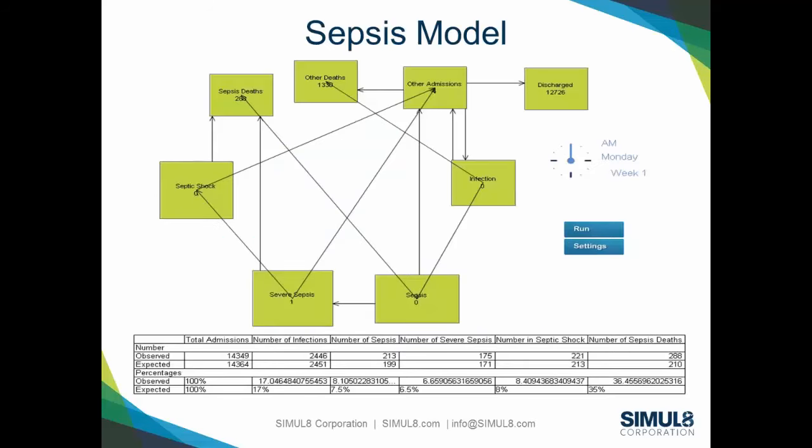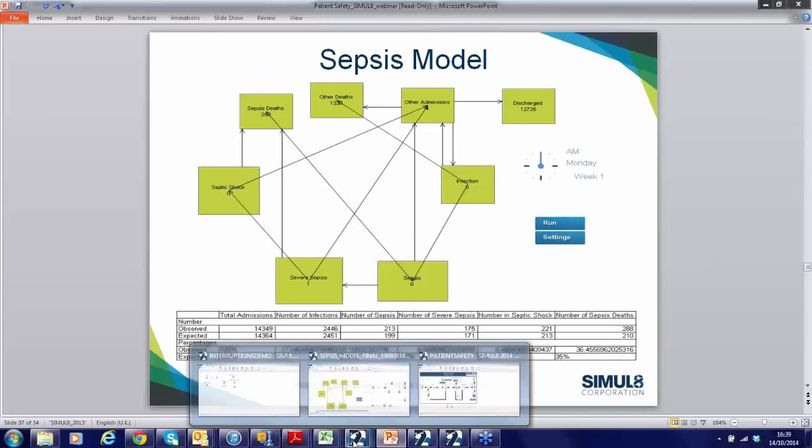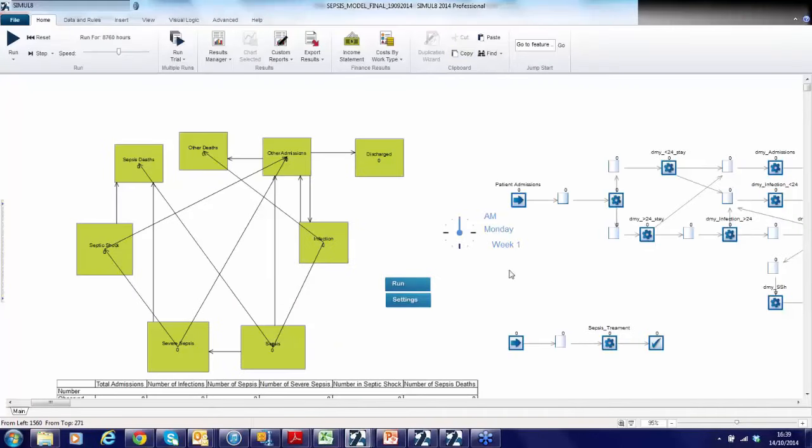So here's our sepsis model, and I'll just flick over to the actual model rather than the screenshot. We haven't put a very pretty front end on it as yet, but we will be doing that. But what you can see is we've got this disease progression model, which powers a discrete simulation model.